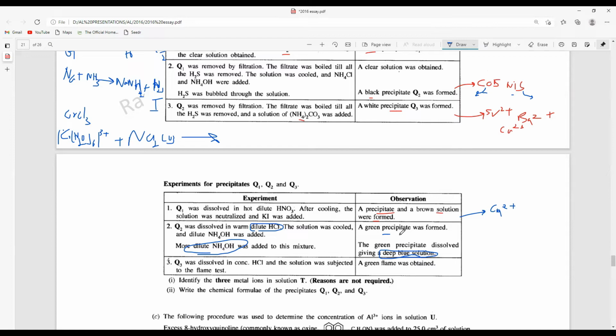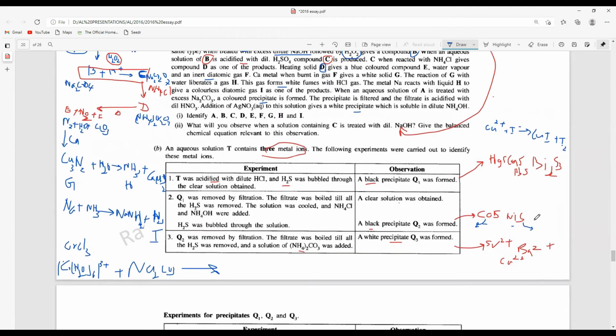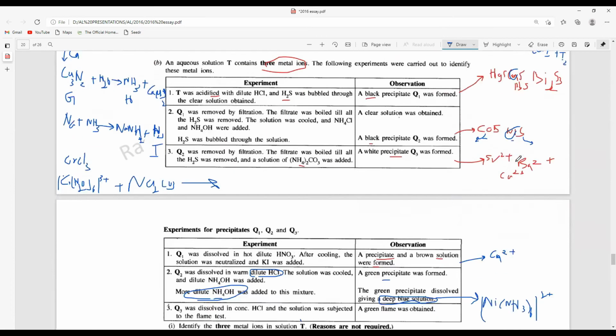Cobalt, when you add more and more OH, will form cobalt hydroxide, and cobalt is not familiar with forming complexes with excess NH4OH. But what is this deep blue color? It should surely be the nickel hexaammine 2+ solution, right? That is why it gives a deep blue color solution. So the element here should be nickel. Here it should be copper.